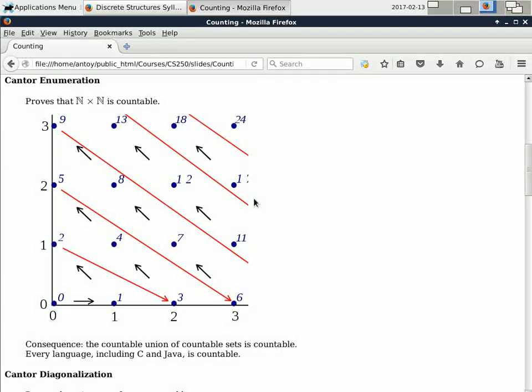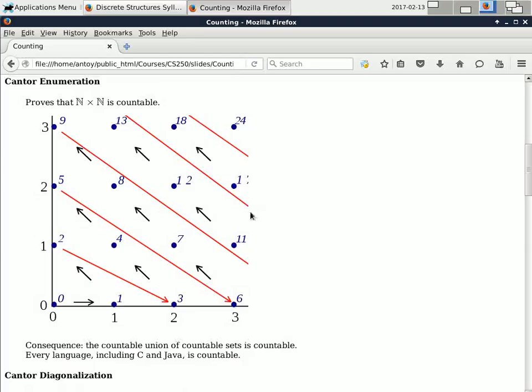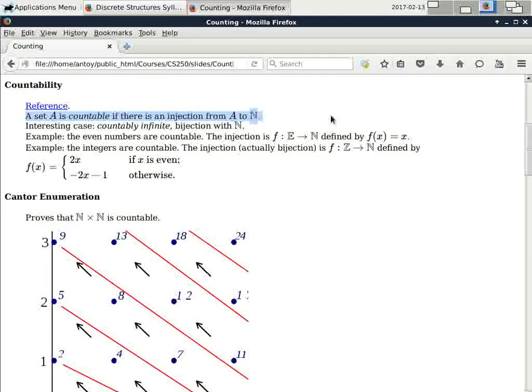Yes? So the example says set A is countable if there's an injection to specifically the natural numbers. Yes. In the example of C++, there are things that are countable as long as there's an injection to something, like it doesn't have to be the natural numbers, it could be the language C++, for example.